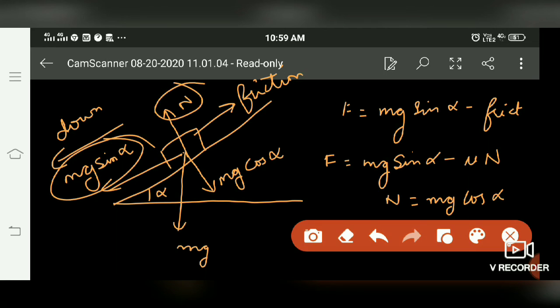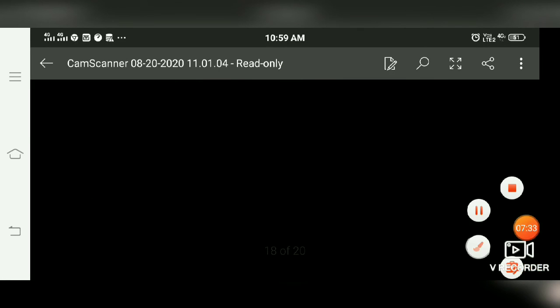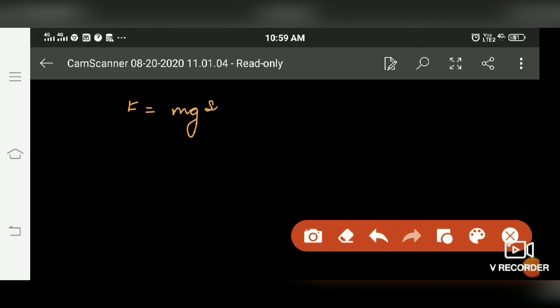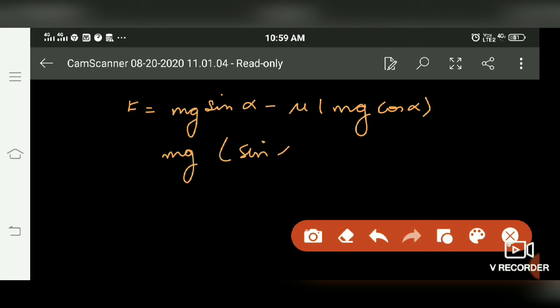From here you can see that N is equal to mg cos alpha. Now by substituting the value, we get F equals mg sin alpha minus mu mg cos alpha. mg is common, and inside you get sin alpha minus mu cos alpha.